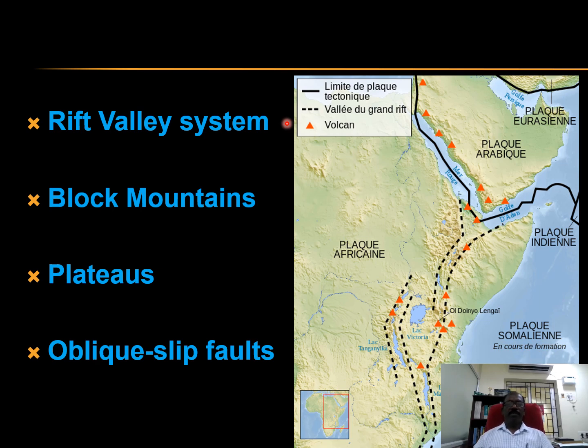Block mountains. Block mountains may originate when the middle block moves downward and becomes a rift valley, while the surrounding blocks stand higher as block mountains. The previous slide you might have seen how it looks. Plateaus. The surrounding blocks subside, leaving the middle blocks stationary.